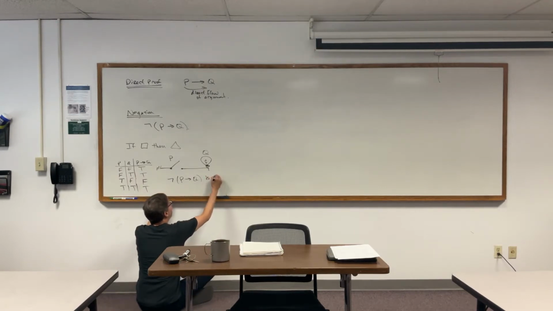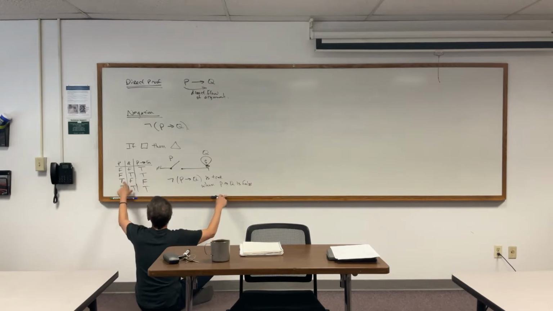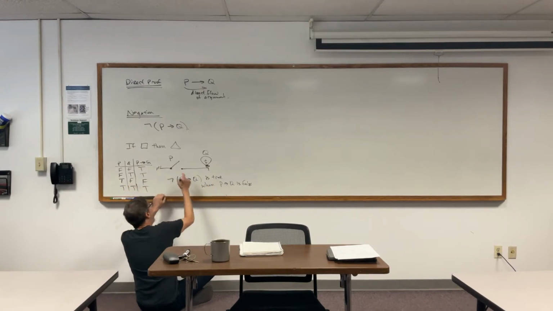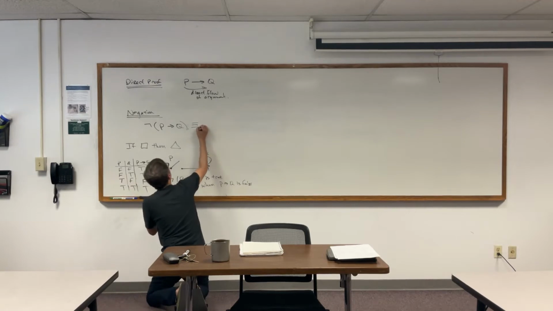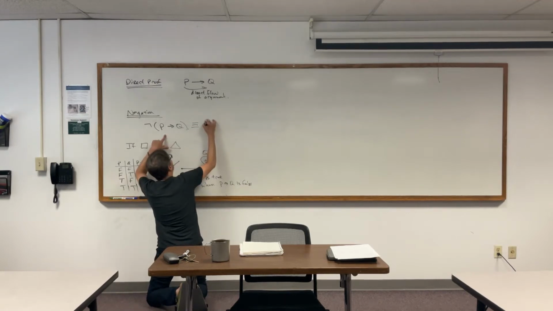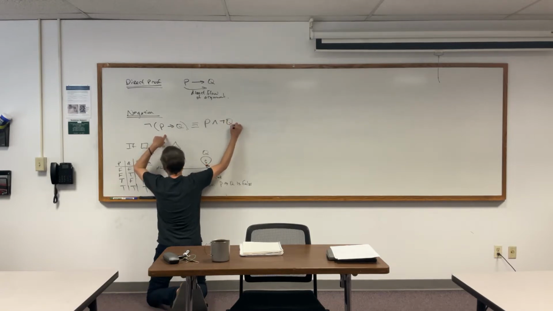It's true when P implies Q is false. And P implies Q is false means that the switch is on and Q, the light, is off. So the opposite of P implies Q is this: the switch is on, but the light is off. So P and not Q.